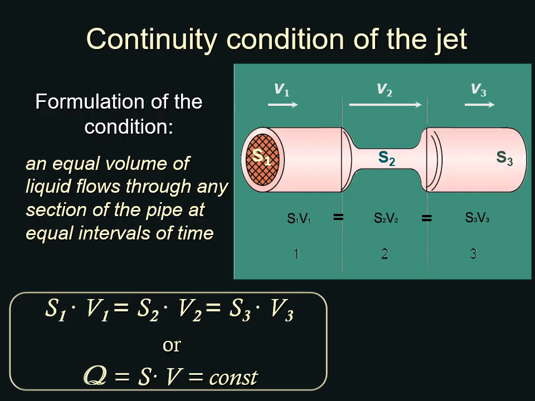That is, if the liquid moves at the same speed, then part of the pipe will remain unfilled. But, I repeat, to maintain the condition of continuity of the jet, it is necessary to slow down the speed of fluid movement by as many times as the cross-sectional area of the pipe increases.